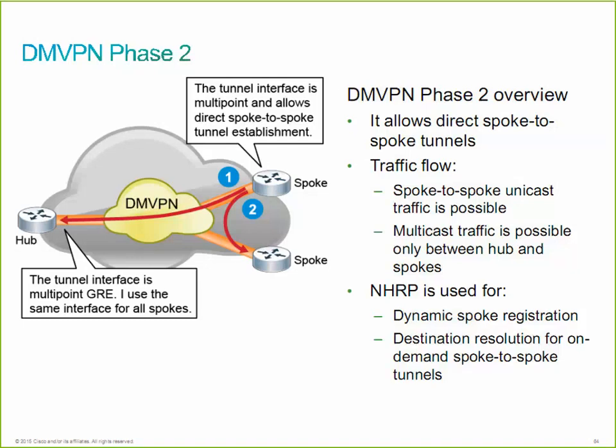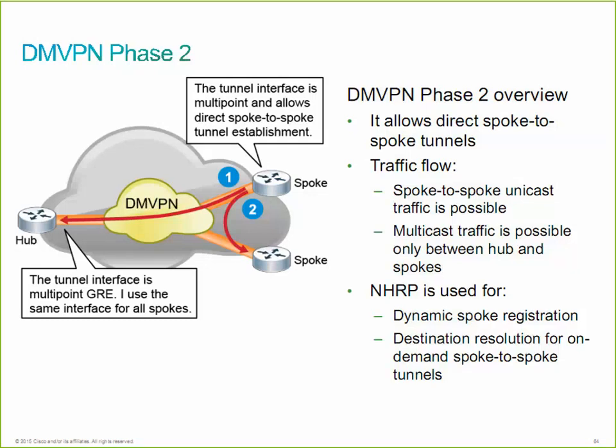All right? Now, in this particular case, NHRP, which is still used, it was introduced in DMVPN Phase 1, but it's still used in Phase 2. It's used for two separate things. Just like in DMVPN Phase 1, it's used for dynamic spoke registration. That allows spokes with static IP addresses or dynamic IP addresses to register to the hub router.